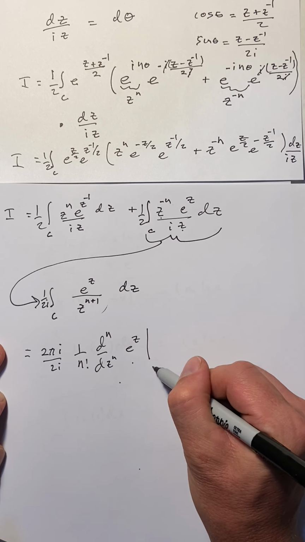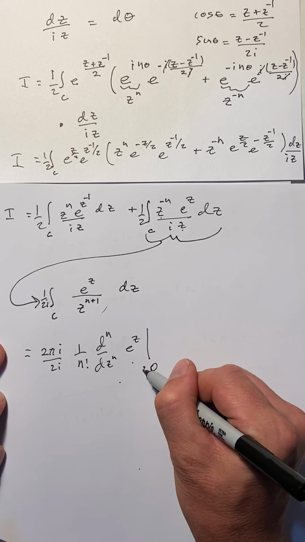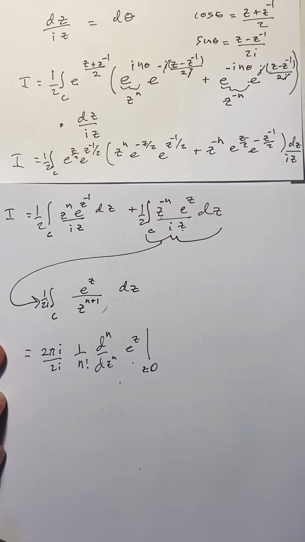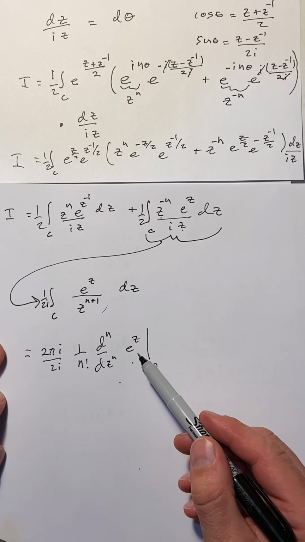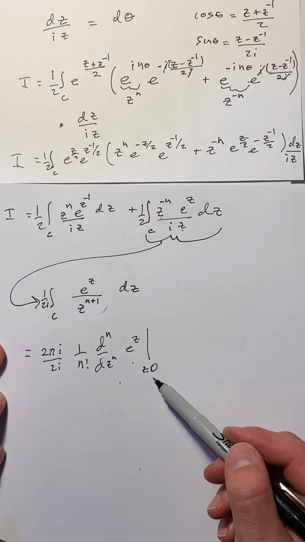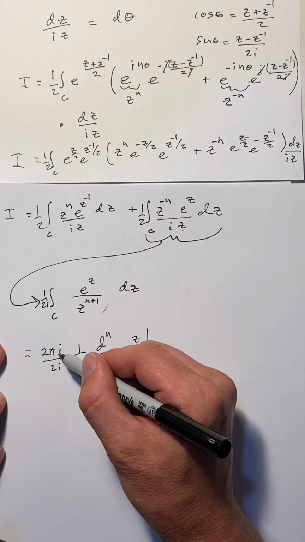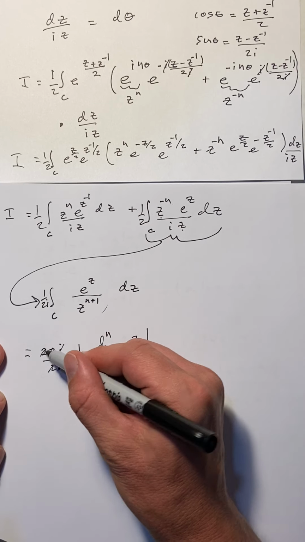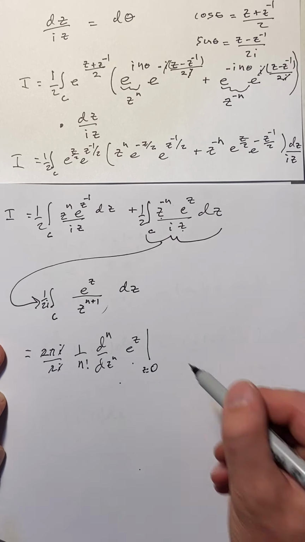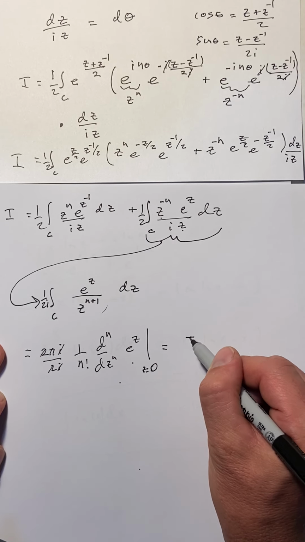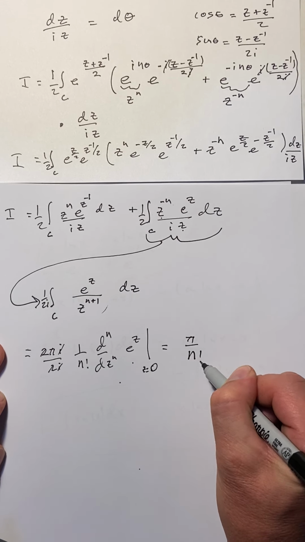And then we evaluate it at the pole. Well, the nth derivative of e to the z is just e to the z, evaluated at 0 is going to be 1. These 2's and i's cancel, and this will just be pi over n factorial.